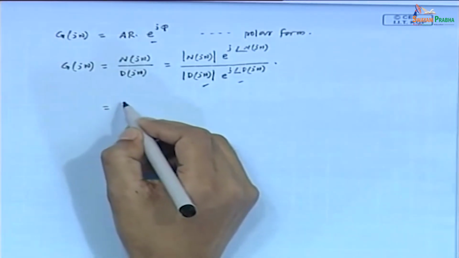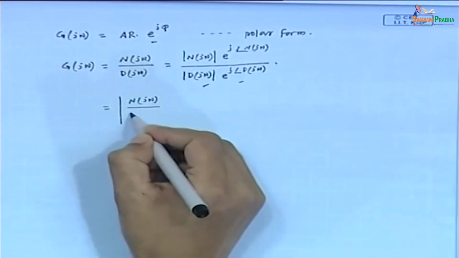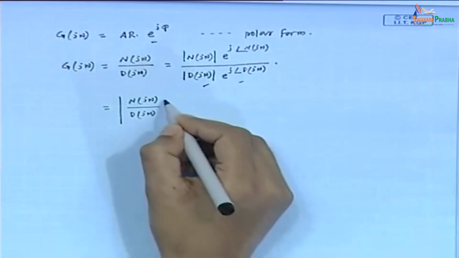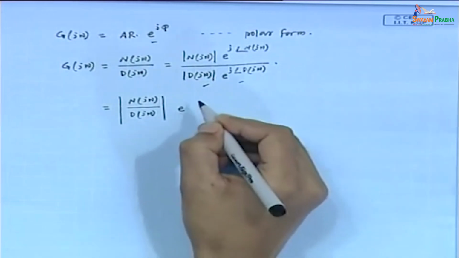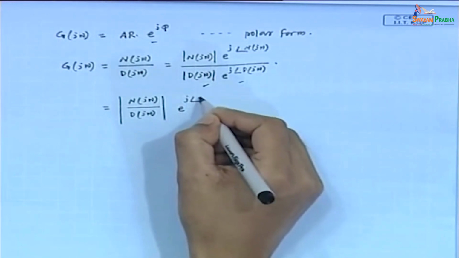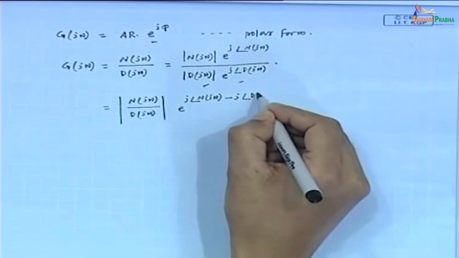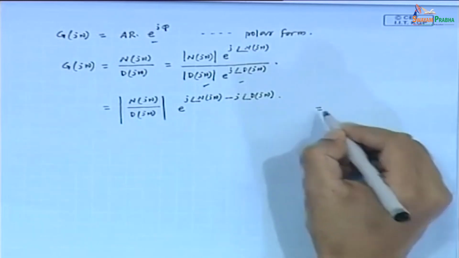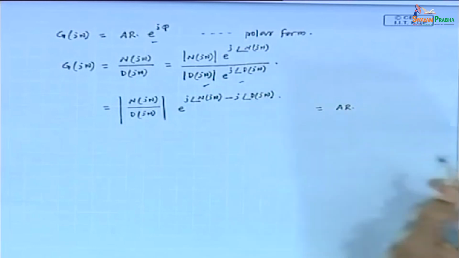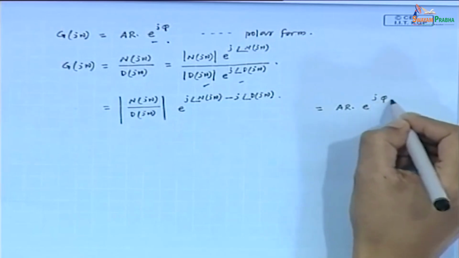Now, this we can write again as numerator magnitude divided by denominator magnitude, exponential j (phi n of j omega minus phi d of j omega). Fine. The polar form of the frequency response transfer function we have written here, amplitude ratio exponential of j phi.